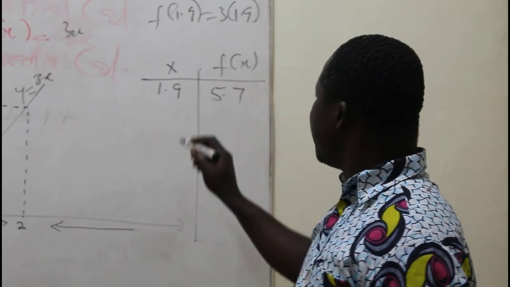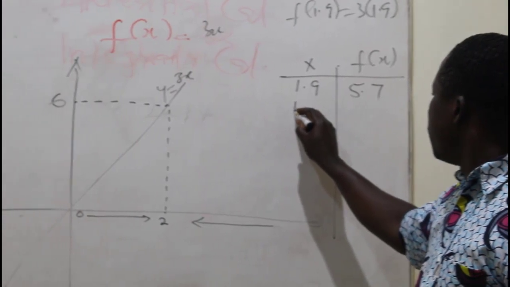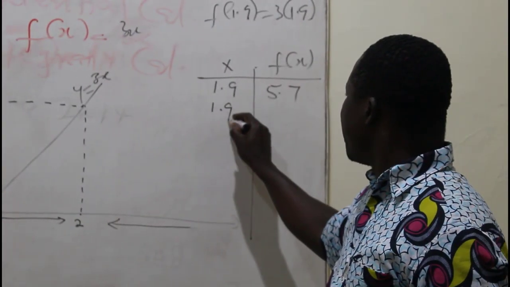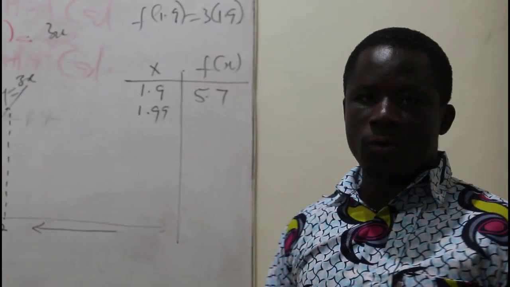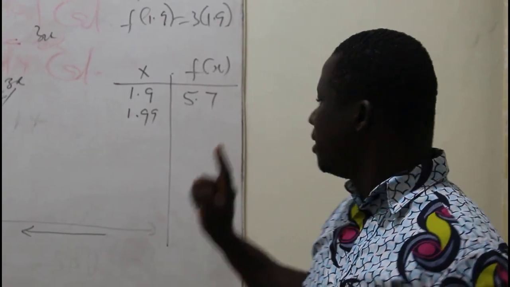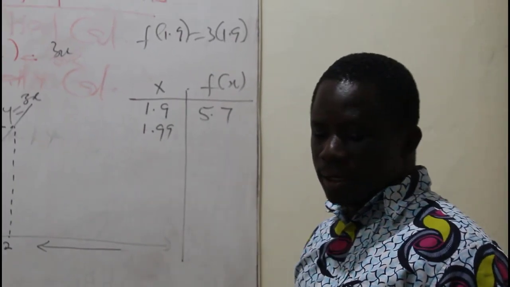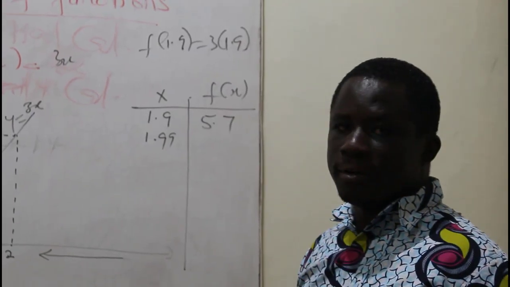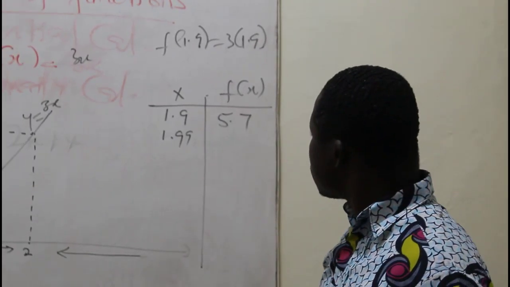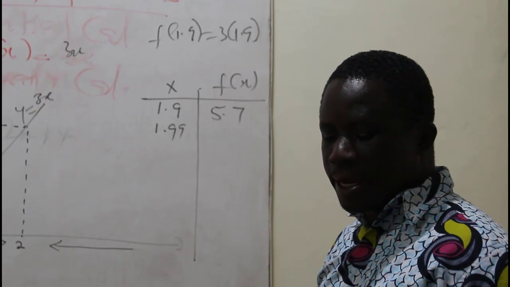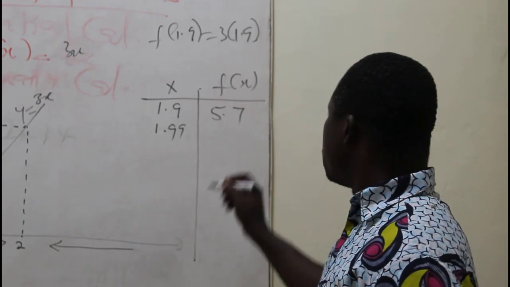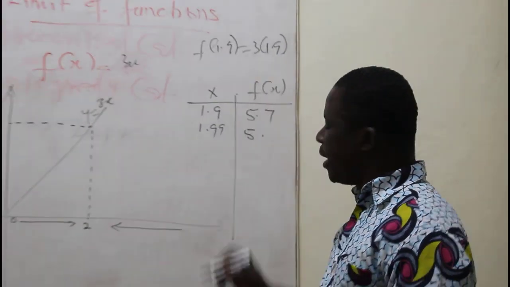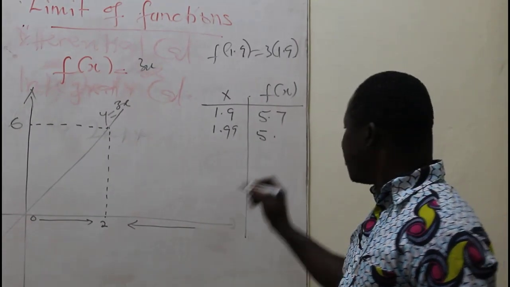We can also increase the value of x to 1.99. That is, we are heading towards 2. From 1.9 to 1.99, do the same thing. Find the functional value at x equal to 1.99. When you put 1.99 into the function, you will produce 5.97.